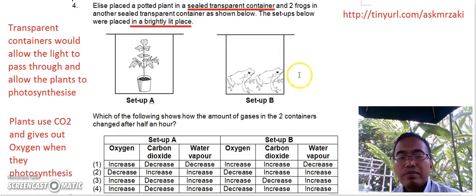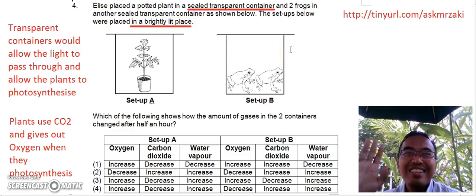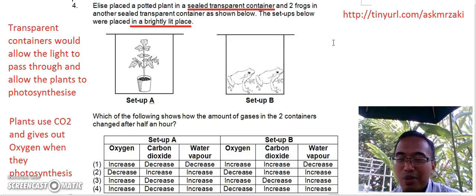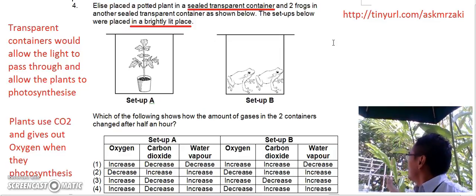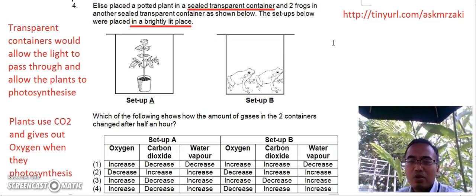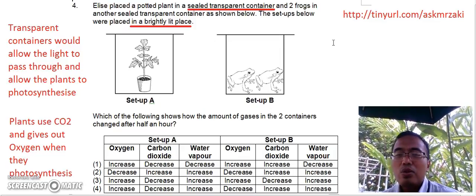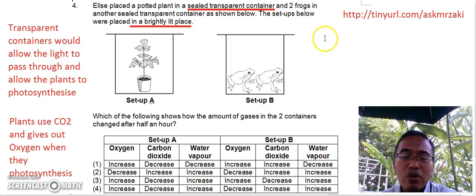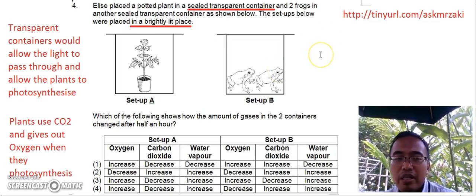Now let's look at setup B. Setup B only has frogs. Can frogs photosynthesize? Frogs can't photosynthesize, even though some of them are green in color, because only plants with chloroplasts in their leaves can photosynthesize. No matter how green the frog is, they can't photosynthesize. So what happens is the frogs will respire, am I right?